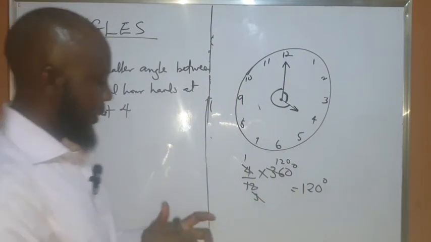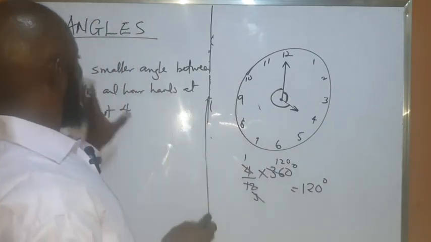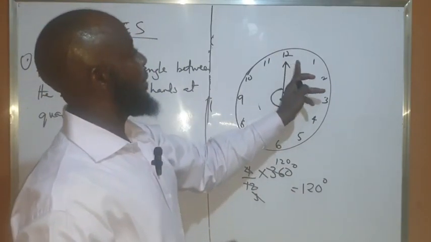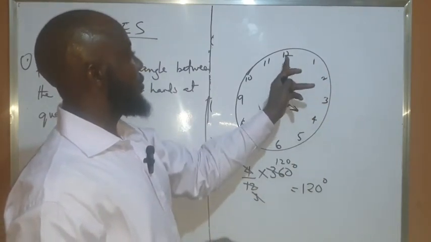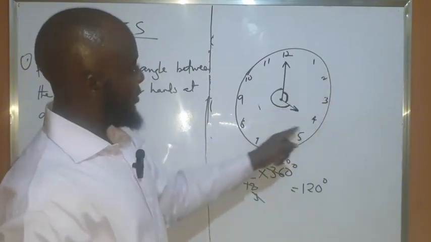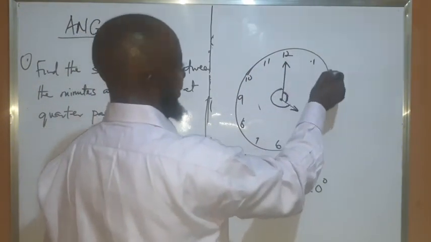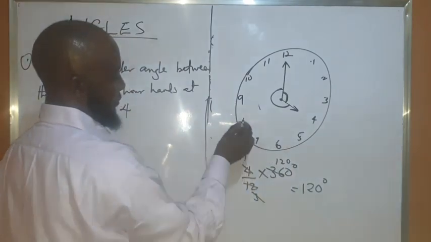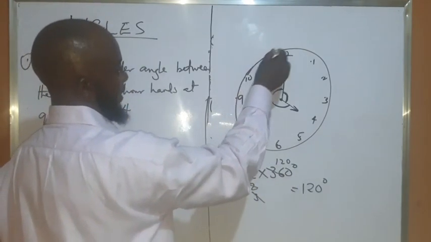It's very simple. Another way of doing this is to look at how many minutes we have between this place and this place, because all these are minutes. For 60 minutes, we count 5, 10, 15, 20, 25, 30, 35, 40, 45, 50, 55, 60.